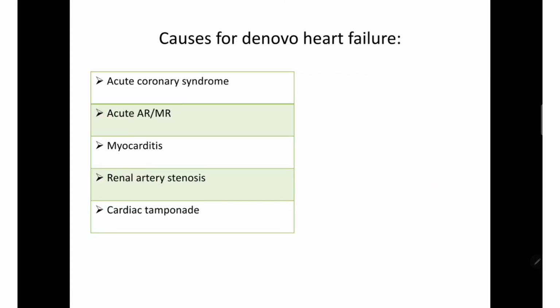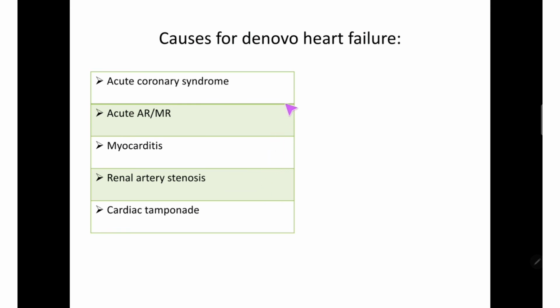Now, the 20% category of patients who have a de novo type of heart failure without any symptoms, but maybe have some risk factors or some structural issues, the causes can be the following.